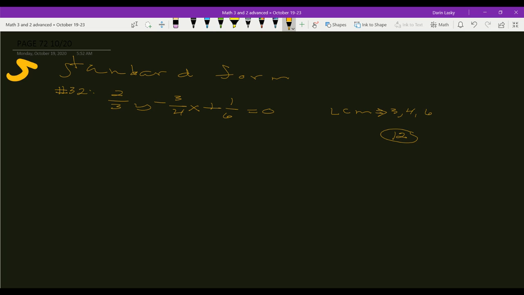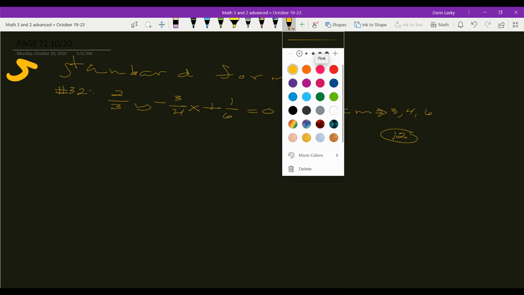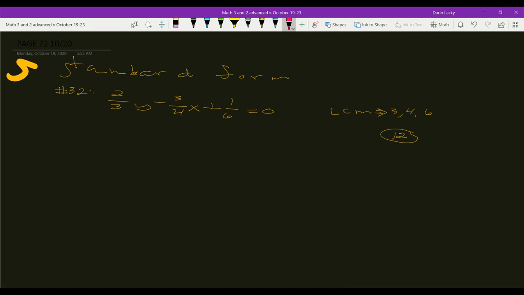So let's take that, and we're going to multiply. Let's take a different color. We're going to take the 12, and multiply it by this whole thing. So I'm going to do 12 times 2/3 y, and 12 times negative 3/4 x.